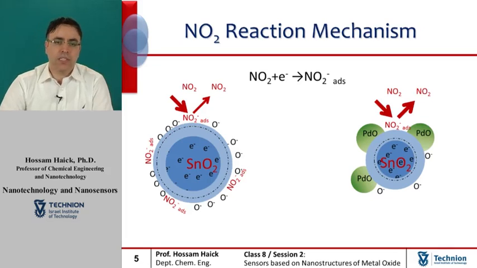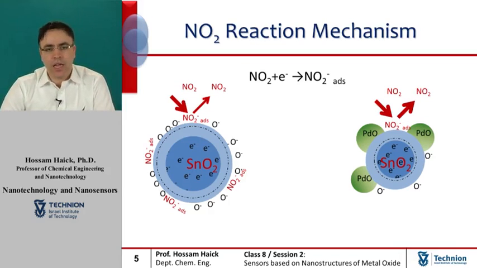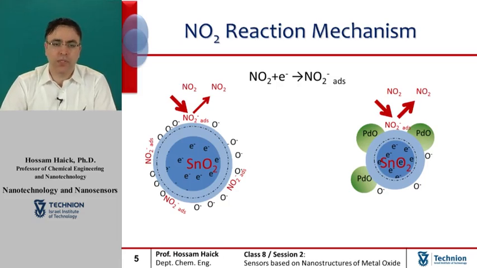In this case, sensing is improved by electronic interaction of the palladium oxide and the tin oxide materials. In the described case, palladium oxide is a strong acceptor of electrons and extracts electrons from the oxide. As a result, the loading of the palladium oxide onto tin oxide increases the electrical resistance.